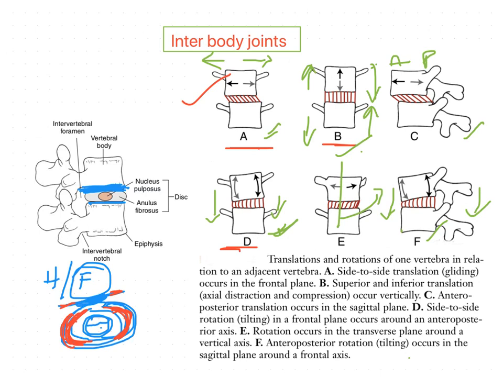The movements taking place in the interbody joints alone are not enough to form the total motion; the motions in the zygapophyseal joints are added to the interbody joints to form the total available motion. So now we will see how these zygapophyseal joints are formed.